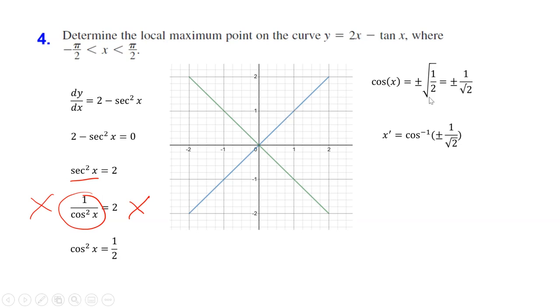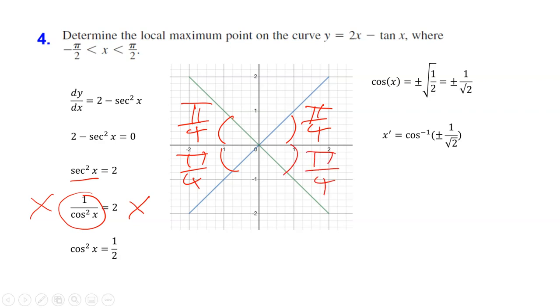Because I said plus and minus, it means that I now have to find that angle in all 4 quadrants. And I can tell you, if you put that on your calculator for 1 over root 2, you should get pi over 4. And that pi over 4 is in all 4 quadrants. And again, always measured from the x-axis.